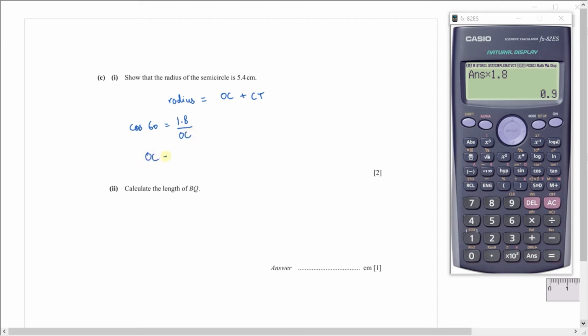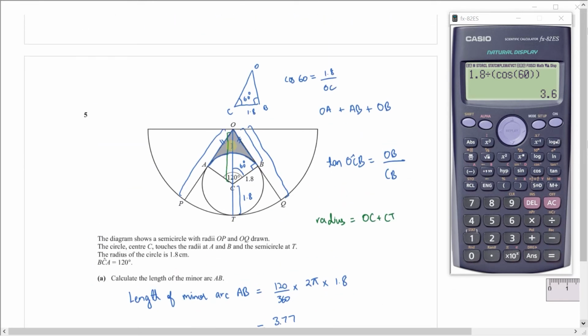So OC will be 1.8 divided by cos of 60. So this is 3.6. So this length here in green is 3.6. Let me write it down here, 3.6.